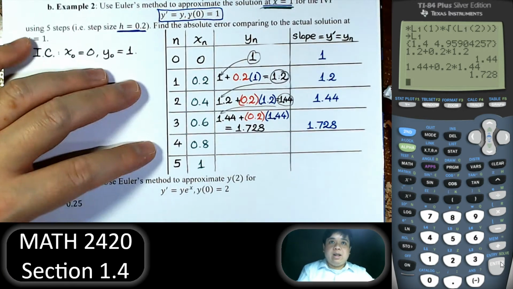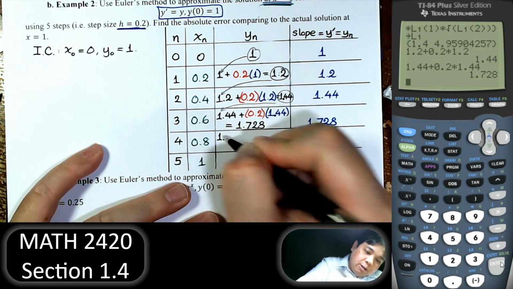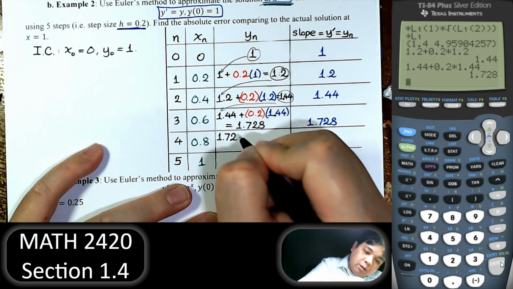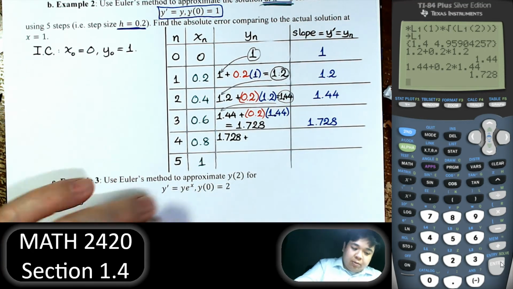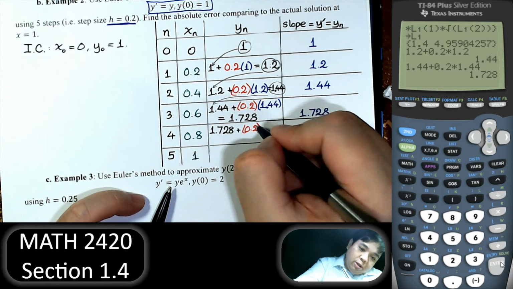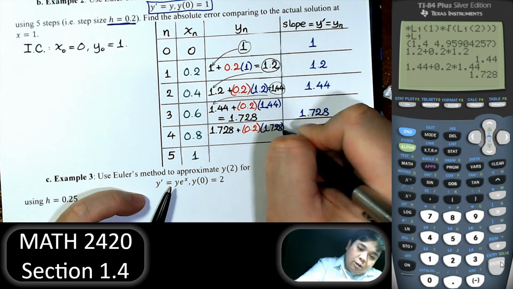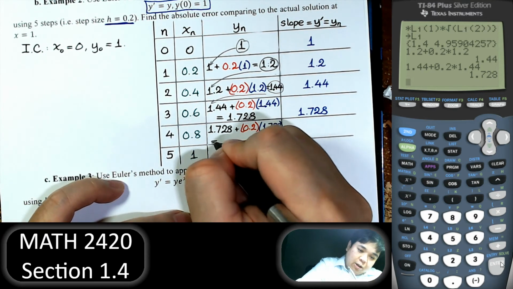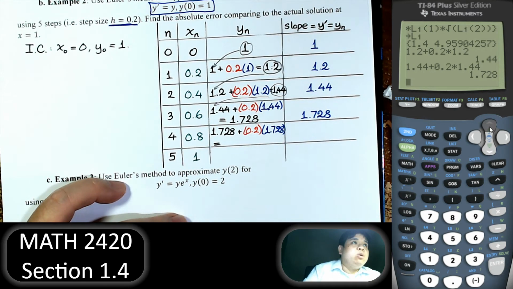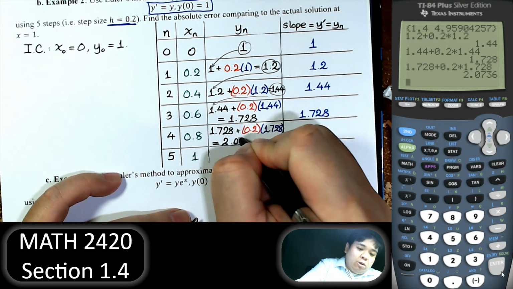And then we just have that value plus the step size times the slope, which is pretty much that plus 0.2, and we have 2.0736.